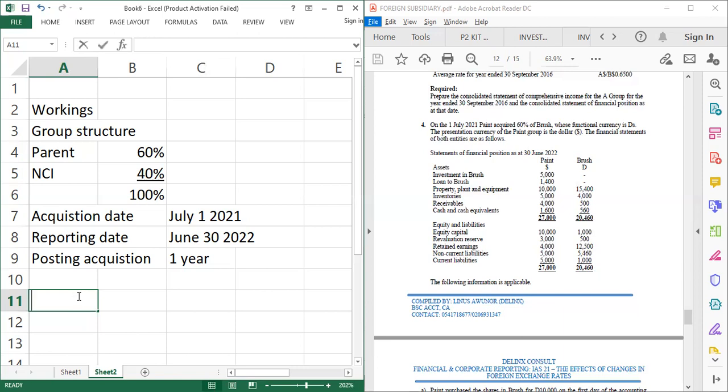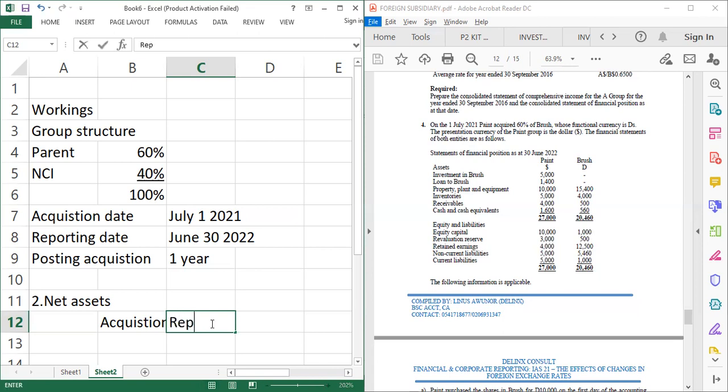So we show the net asset of the subsidiary at acquisition and also at reporting. The difference between the two is the profit, because the net asset at acquisition will only increase by profit.